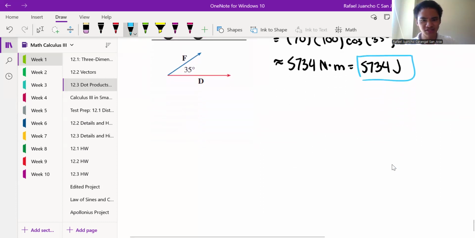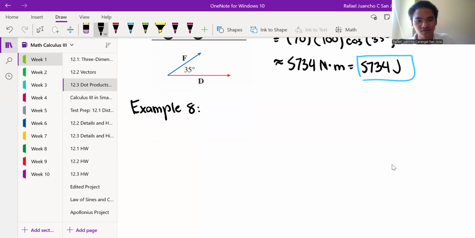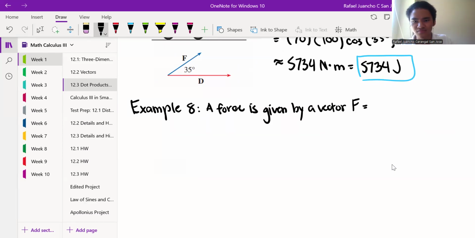Okay, now we move on to our next example, which I think is our final example. And we're saying here we have a force that is given by a vector F. And we have our components in terms of i, j, k. So 3i plus 4j plus 5k.